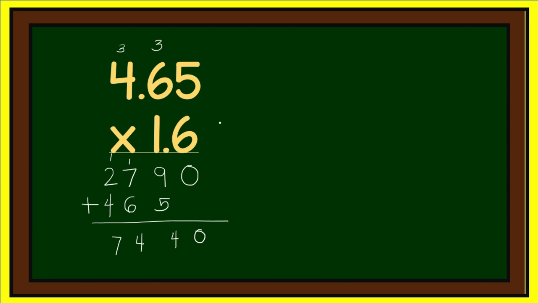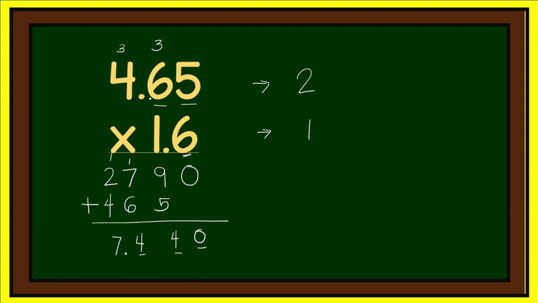O, hindi pa tayo tapos. Again, bibilangin natin kung ilan ba ang decimal places na meron sa given. So, we have 6 at saka 5. So, merong dalawang decimal places. Next, sa susunod na number, meron namang isa, itong 6. So, sa answer, merong dalawa, merong isa, kailangan merong tatlo. So, 1, 2, 3, and then affix the decimal point.